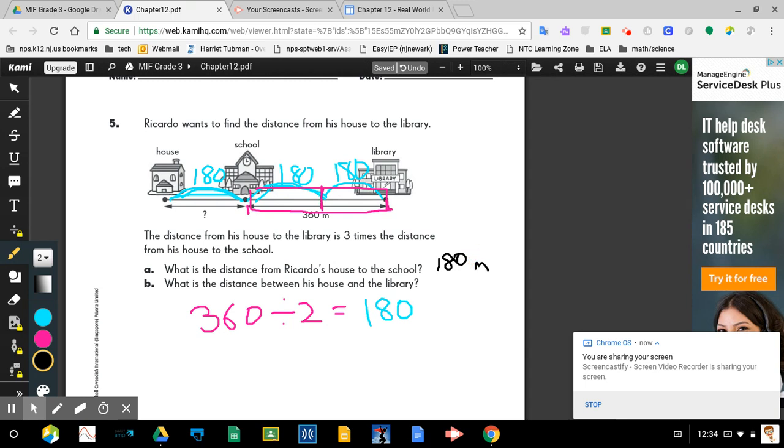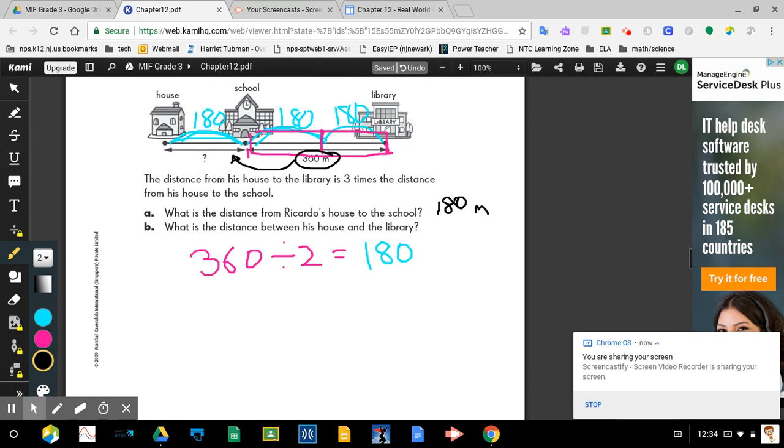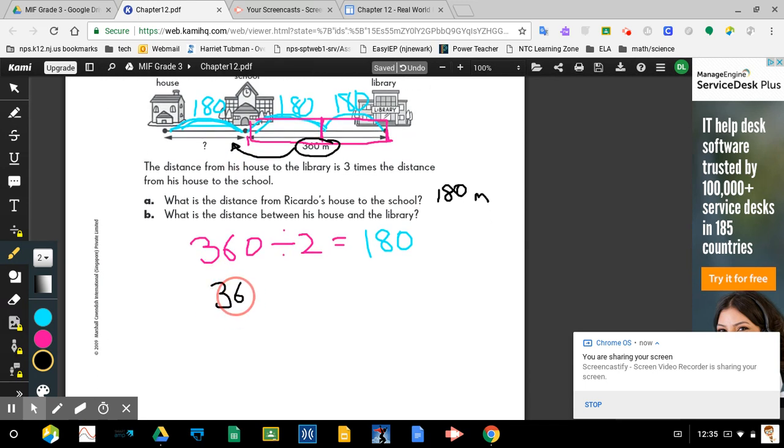And the distance between the house and the library, if I know this is 360 and that's 180, I'm going to put that together. 360 plus 180. 0 plus 0 is 0. 6 plus 8 is 14, carry the 1. 3 plus 1 is 4, plus 1 more is 5. So I know the distance between the house and the library is 540 meters.